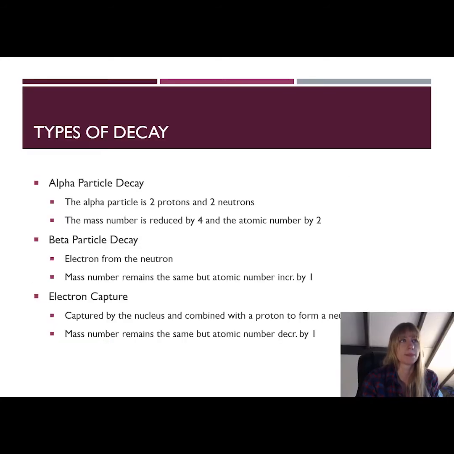So there are three types of decay that we're going to talk about. We have alpha particle decay, beta particle decay, and electron capture. Alpha particle decay: an alpha particle is emitted by the nucleus, which is 2 protons and 2 neutrons, which is basically 1 helium atom. The mass number is reduced by 4, and the atomic number by 2.